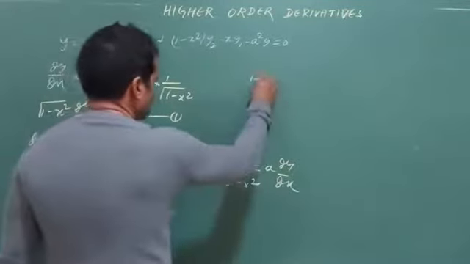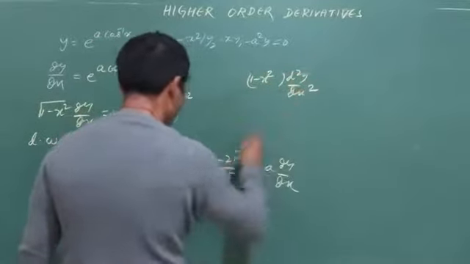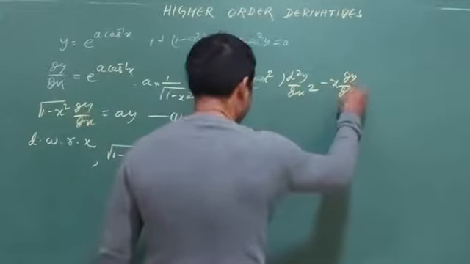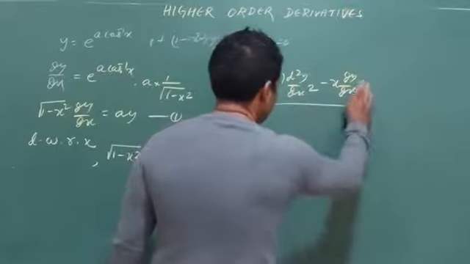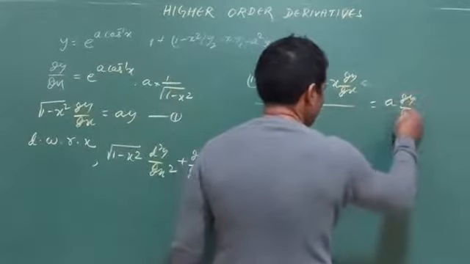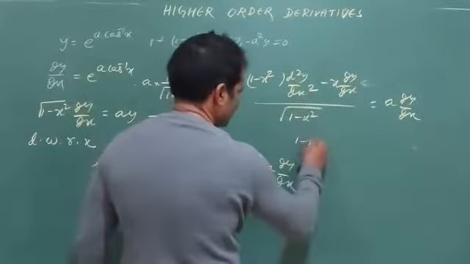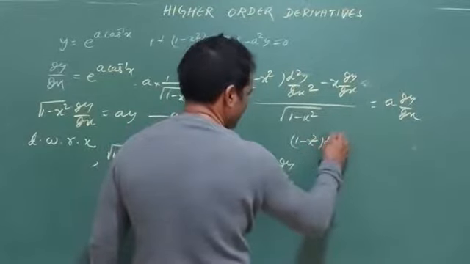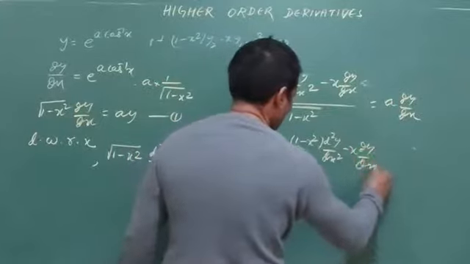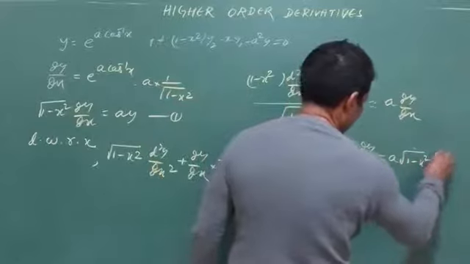LCM: (1 minus x square) d2y by dx2 minus x dy by dx, whole divided by under root 1 minus x square, is equal to a dy by dx. Cross multiply to that side: (1 minus x square) d2y by dx2 minus x dy by dx is equal to a times under root 1 minus x square dy by dx.